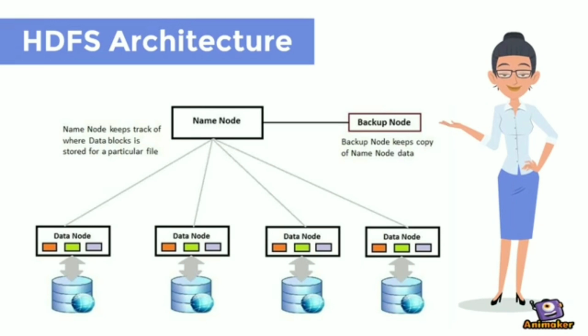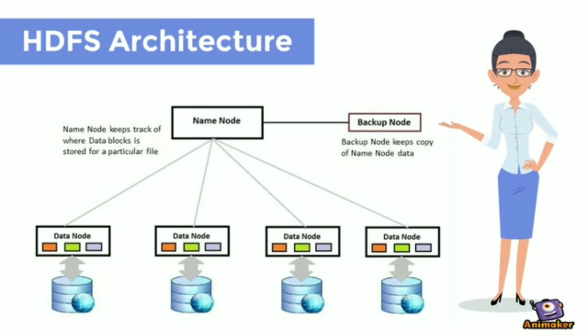In Hadoop HDFS architecture, data node stores actual data in HDFS. It performs read and write operations as per the request of the client. HDFS name node stores metadata, that is, number of data blocks, replicas, and other details. This metadata is available in the master for faster retrieval of data.